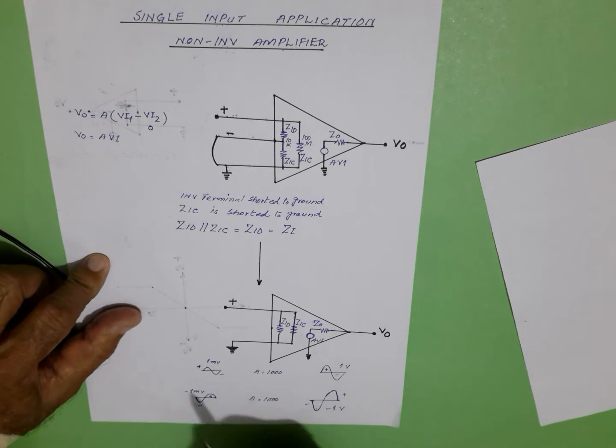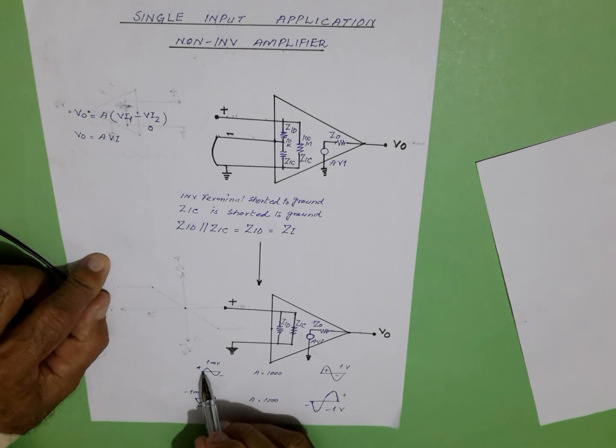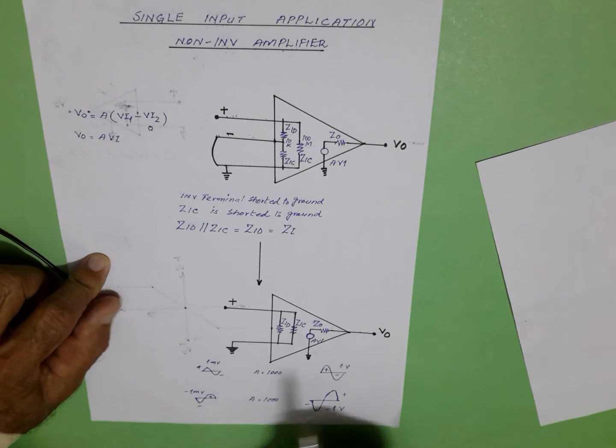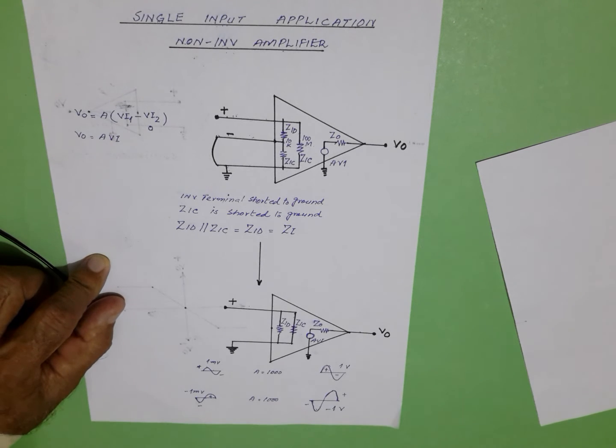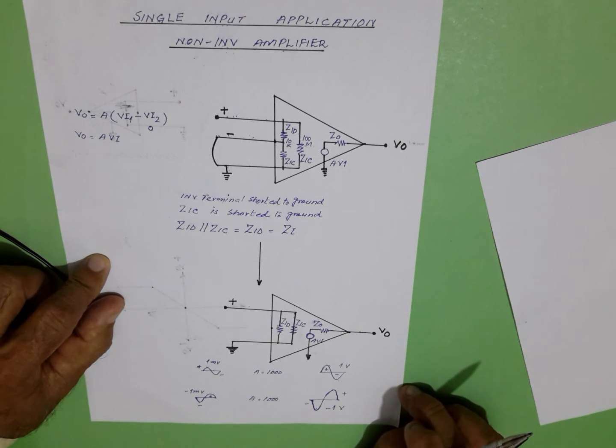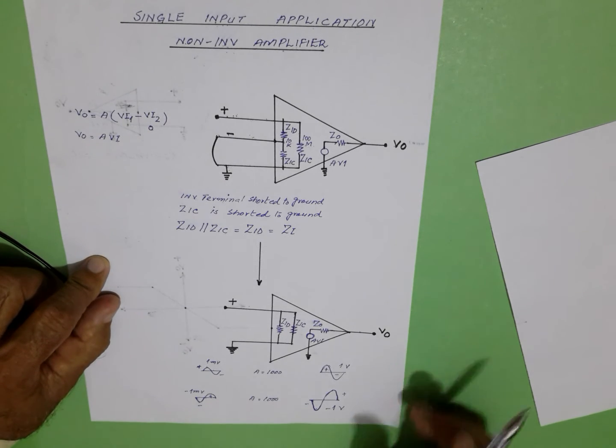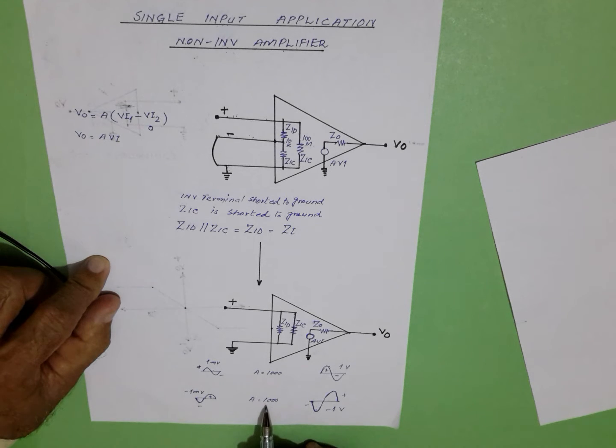The point to note here is that if we apply a positive going input voltage, the output will be a positive going output voltage, and if we apply a negative input voltage, the output will be a negative going output voltage, but amplified, increased in amplitude by the gain of the operational amplifier.